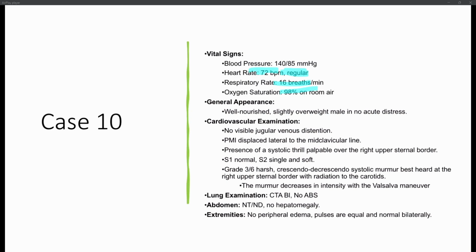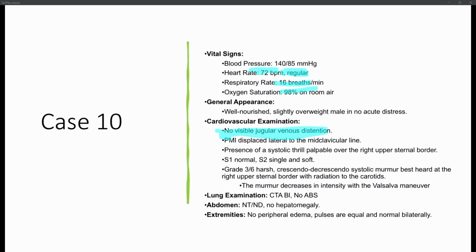General appearance, well nourished, slightly overweight male, no acute distress. That's fine. Cardiovascular examination, no visible JVD. What can we start getting rid of now? Right-sided heart failure because there's no JVD. Any type of pericardial sac issue because there's no JVD.